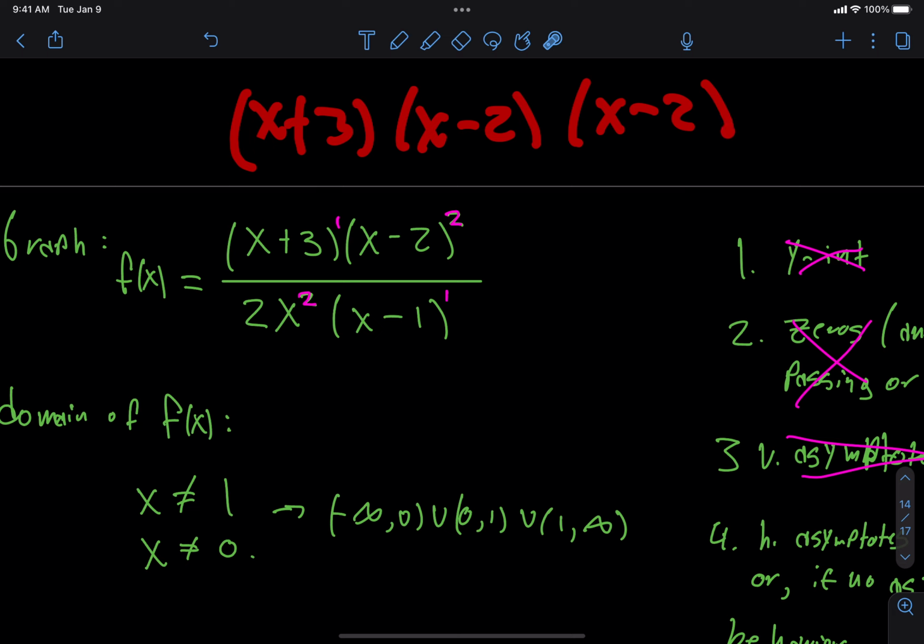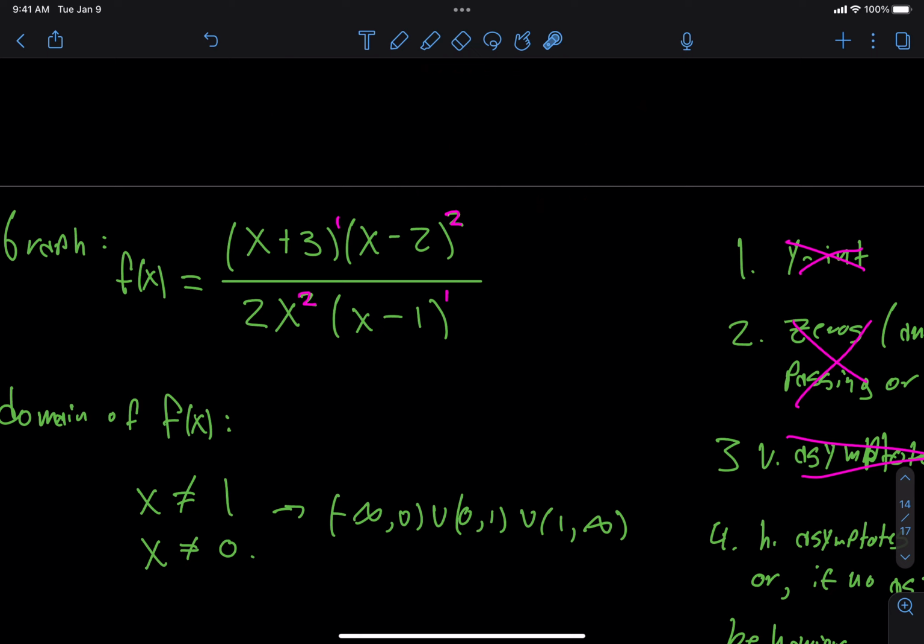So you would FOIL and then FOIL, and the leading term will look like x cubed, from multiplying this guy times this guy times this guy. So the shortcut method is to add up all of the multiplicities of the zeros in the numerator. So this one has degree 3, and this one has degree 3.